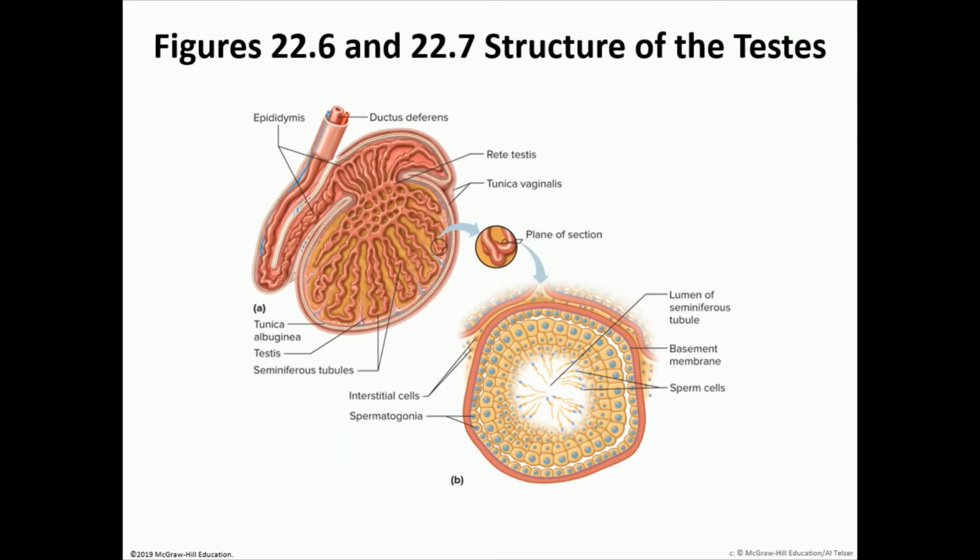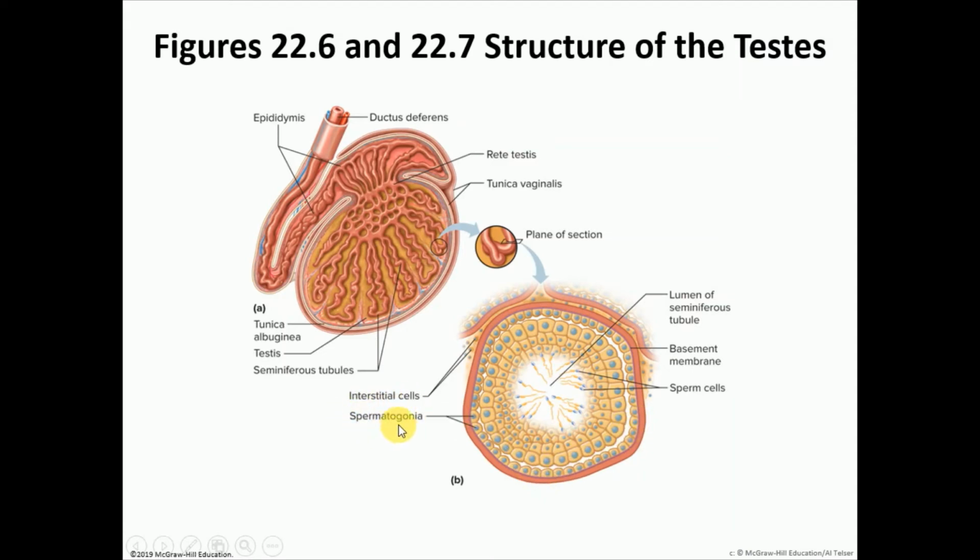So here you can see an image of the structure of the testis. So again, you have the capsule on the outside known as the tunica albuginea. And then on the inside, we have these different septa that divide the testis into compartments or lobules. Each compartment has these seminiferous tubules. If you take a section in a seminiferous tubule, so you take one of these and make a cross section in it, you can find a basement membrane lined by all of these spermatogonia.